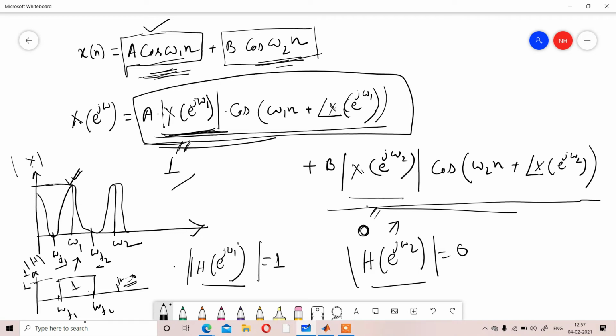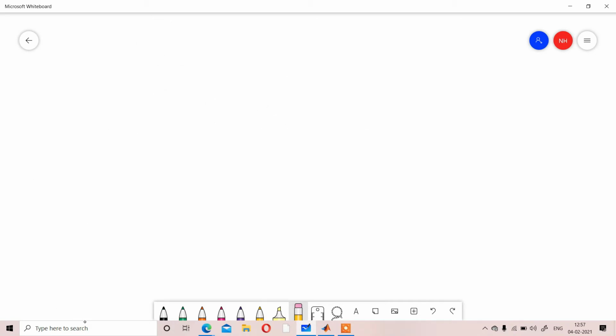So simply consider a practical example. x n given as cos 0.1 n plus cos 0.4 n.